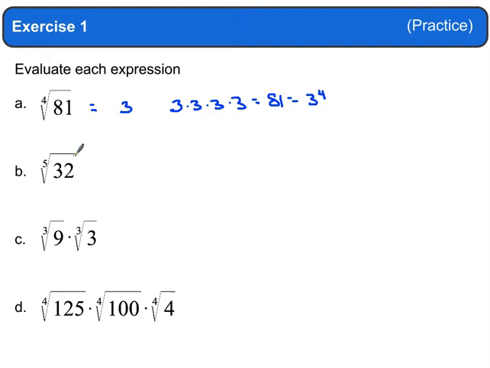And then here we have what is the fifth root of 32. Again, that would be 2. Same reasons, 2 times 2 times 2 times 2 times 2 would equal 32. Since we got 5 twos, that would be saying 2 to the fifth power.